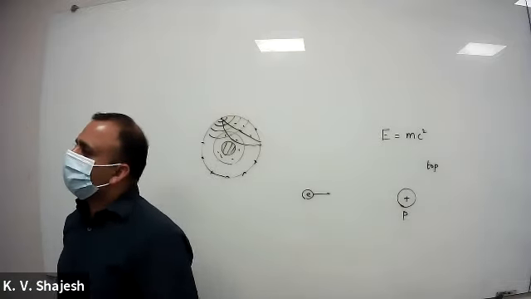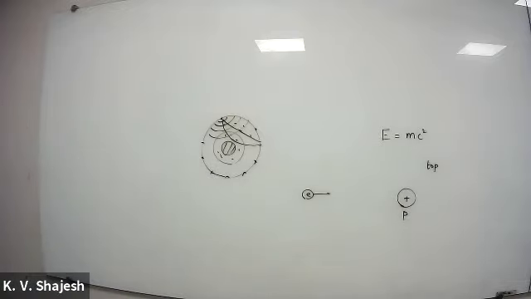So let's talk about a solid sphere. Let's talk about a hollow shell first. So let's say a hollow shell, and let's say there's a charge Q put on it on the surface, right?